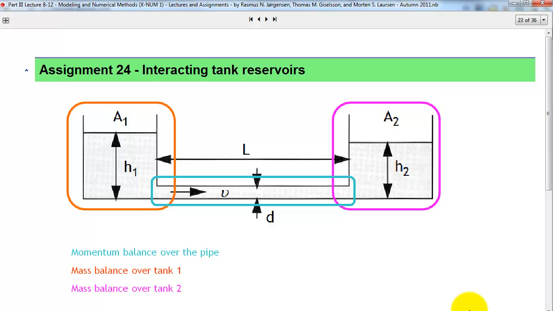So if you take the assignment, which is just a continuation of what you did last week, then in this system, instead of just having one tank, if you cut away the purple one here, then you have two tanks. You have the atmospheric pressure here, you have the pressure from the water volume, and there's a balance between the pressure from here and the pressure from here.